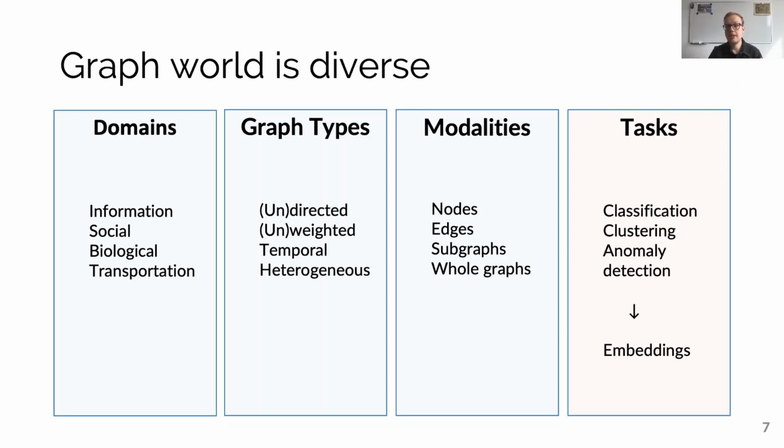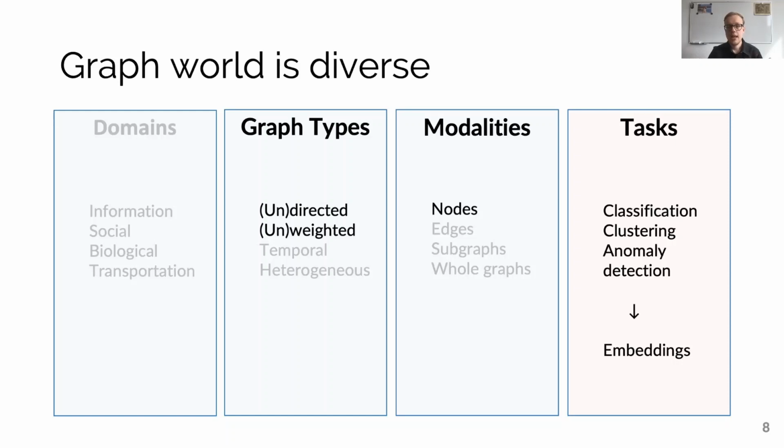And this allows us to do tasks such as classification or clustering with the normal tools like k-means, for example, for clustering. And in this particular talk, I will focus on the embedding algorithms irrespective of the domain. I will not cover temporal or heterogeneous graphs, and I will only talk about embeddings of nodes, although I will also talk about how to do link prediction with those.